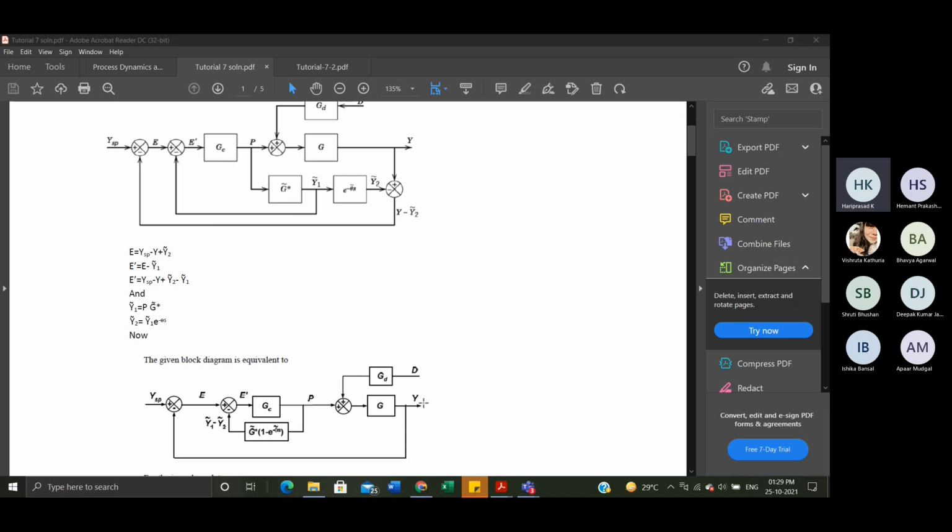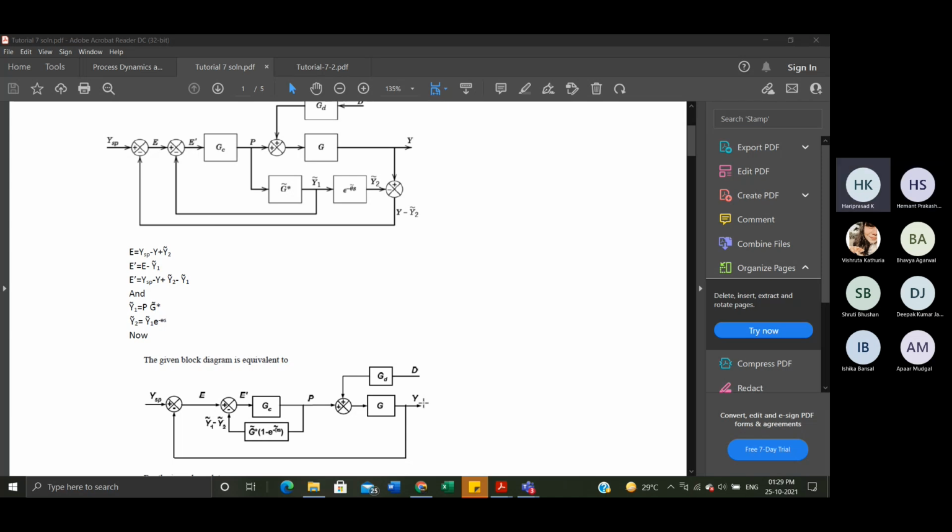How do you write that now? Y2 tilde is Y1 tilde times e raised to minus theta, while Y1 is P times G star. Is that correct now? Yes, sir.